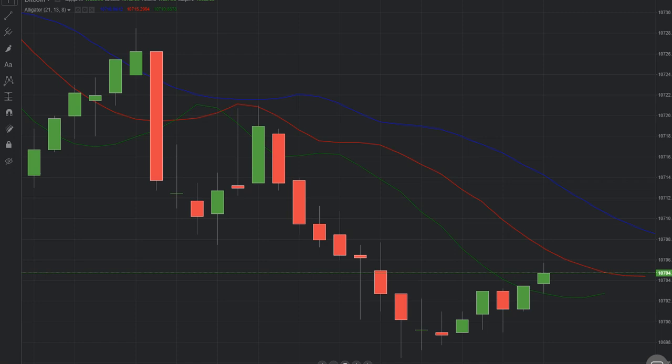Another useful Alligator approach consists of analyzing the crossovers. That means the crosses between the three lines that make up the indicator. A typical approach is to use the faster average, the green line, for spotting fake crosses.